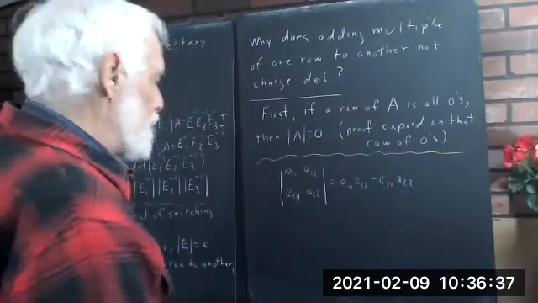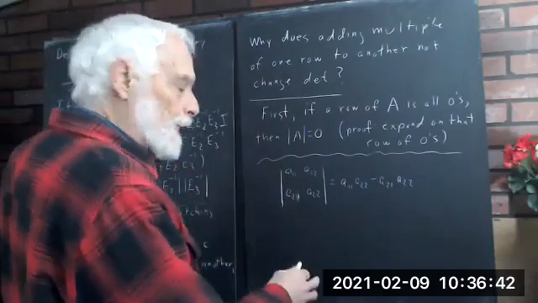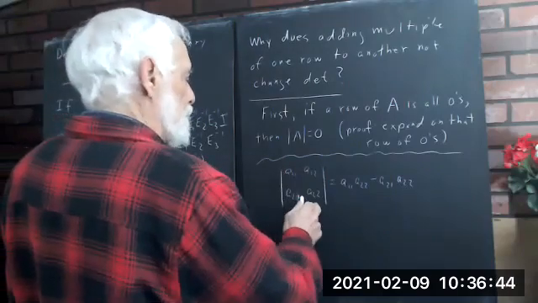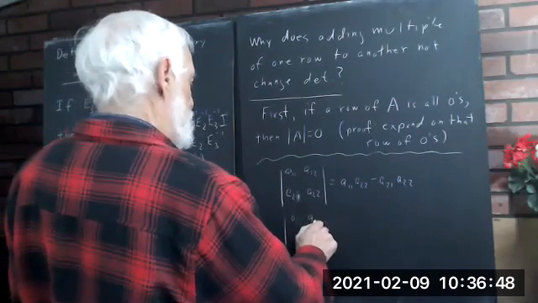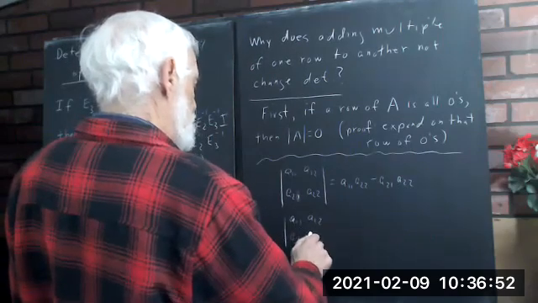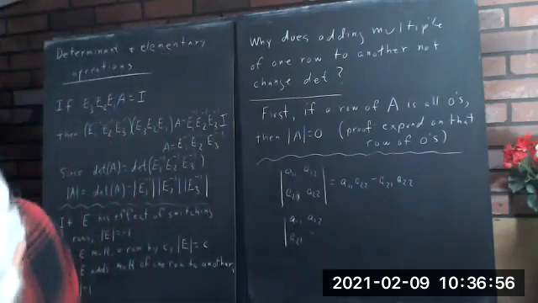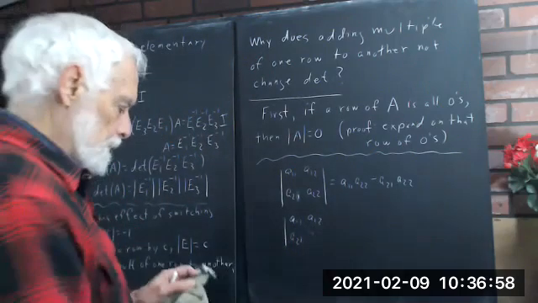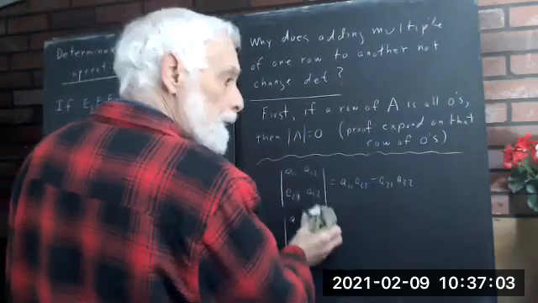Okay. Now let's add C times the first row to the second. And I probably need a little more room to write this out. Once more, reminding myself to think ahead, not that it does any good.